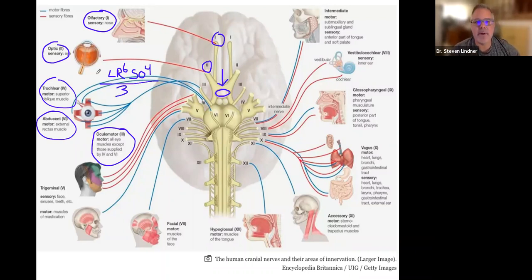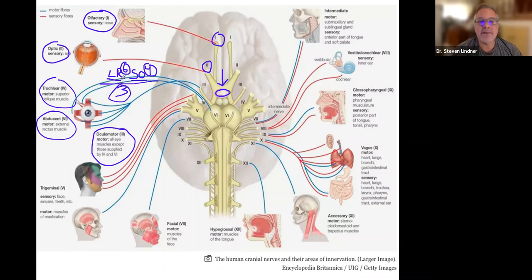What does this chemical equation tell us? LR6, SO4 all over 3, or if you want to do it SO4, LR6 all over 3, it's telling us that the 6th cranial nerve goes to the lateral rectus muscle, and the 4th cranial nerve goes to the superior oblique muscle of the eye. And then all over 3 tells us all other eye muscles are innervated by cranial nerve number 3.